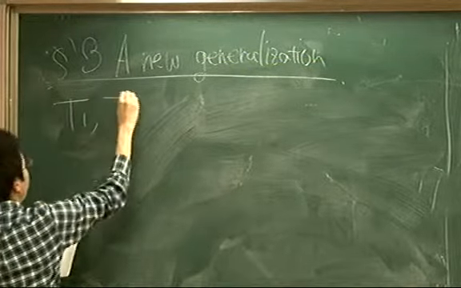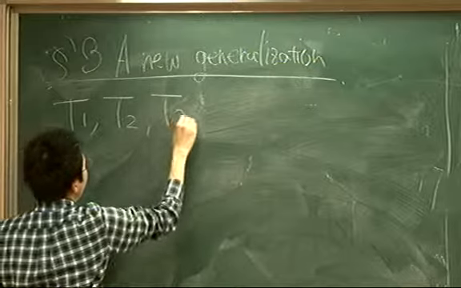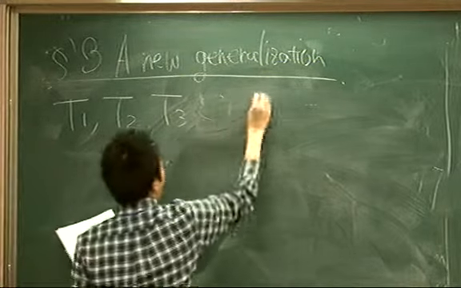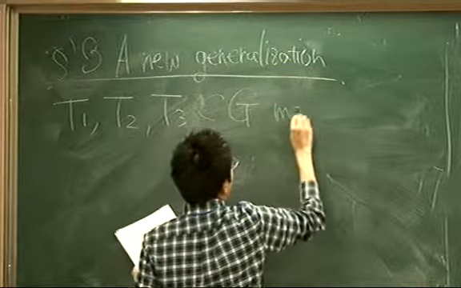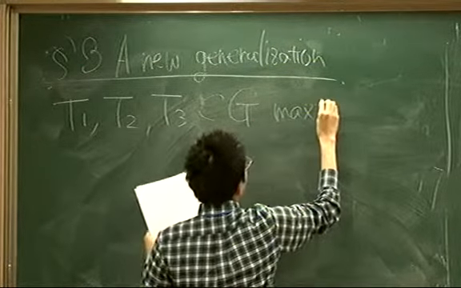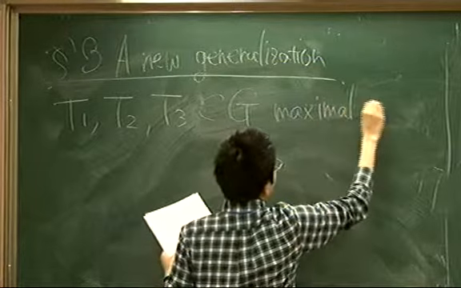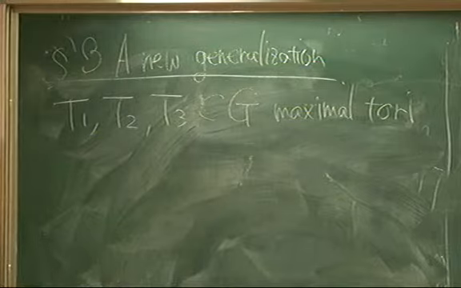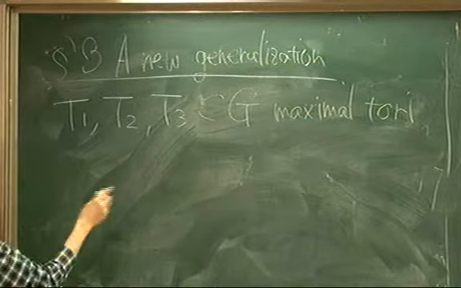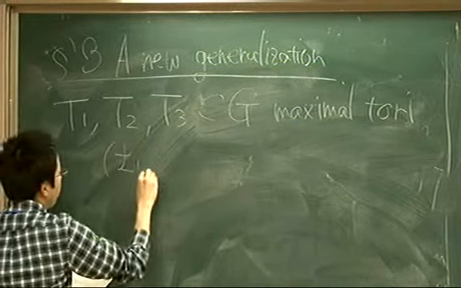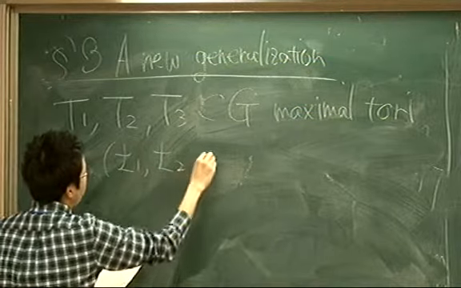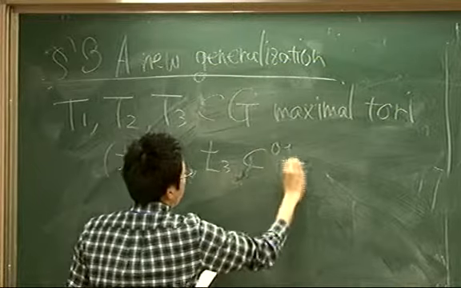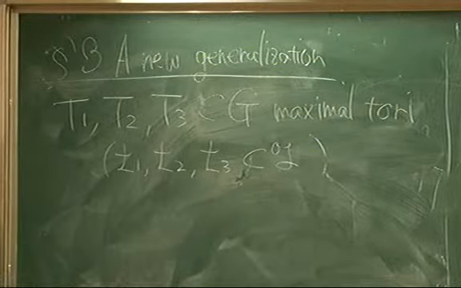Sorry about that. Let T1, T2, and T3 be maximal tori of the group G. Correspondingly, we write German T1, German T2, and German T3 as their Lie algebras.